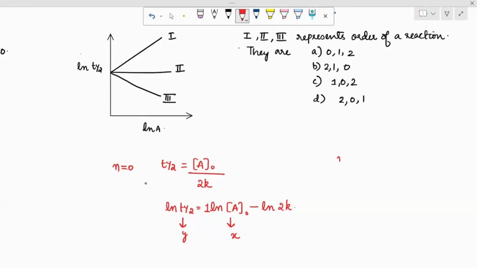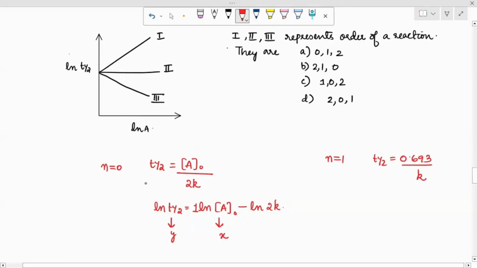Let's say you have n is equal to 1, order of the reaction, n is equal to 1. T half is equal to 0.693 by K. And we do know that T half has no dependence on the initial concentration. T half is independent of the initial concentration. And you can see a graph over here.